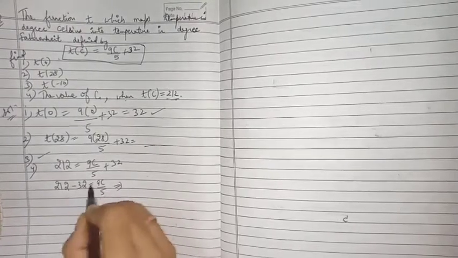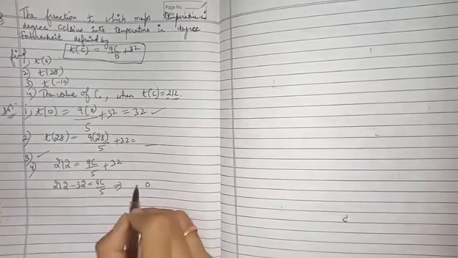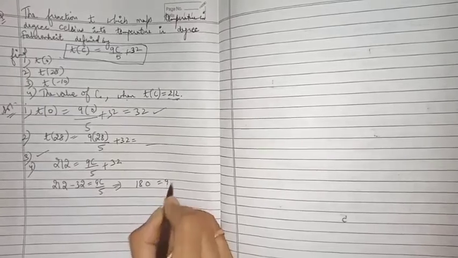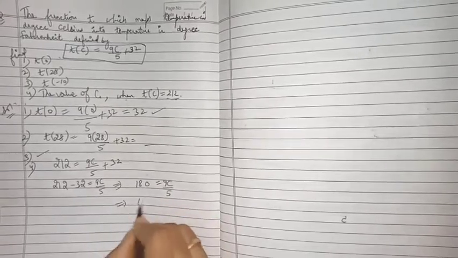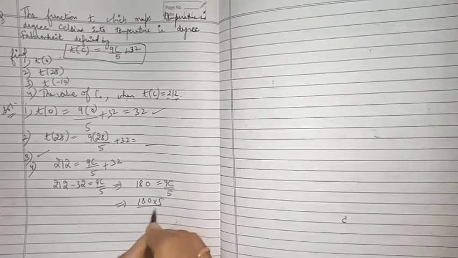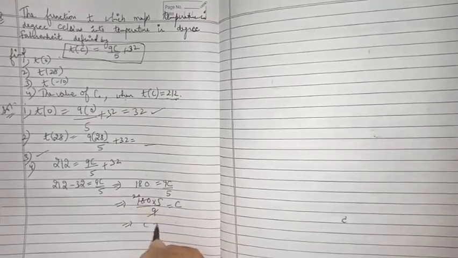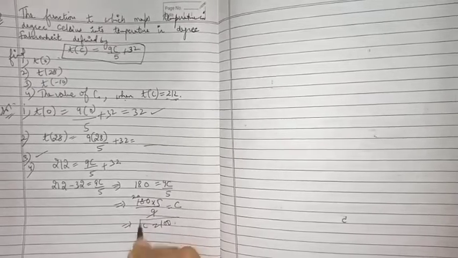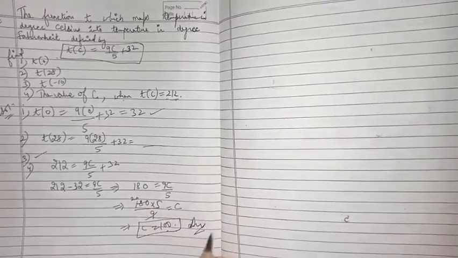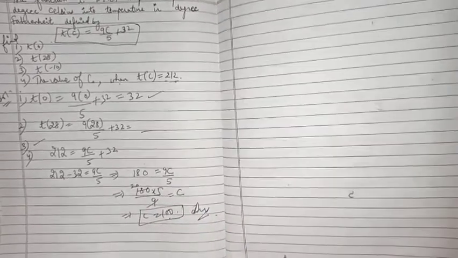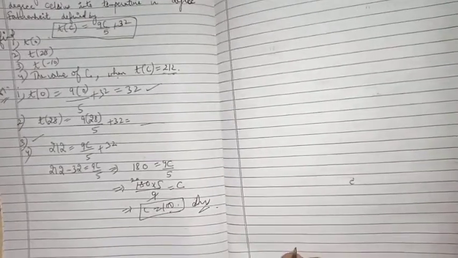That means 180 equal to 9c over 5. That means 180 multiplied by 5 over 9 equal to c. c equal to 100. This is my answer. Clear? Now let us try one more question.